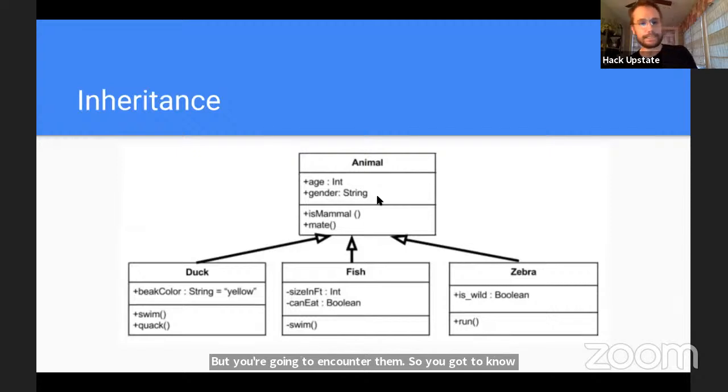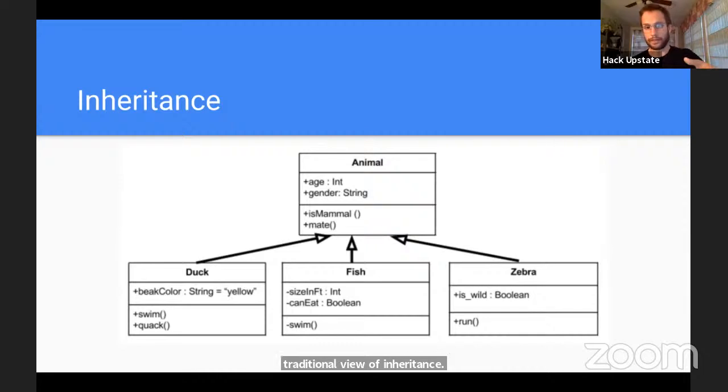Here's what inheritance is, the traditional view of inheritance. In C++ or C# or another language that has classes everywhere, class this, class that. This is a traditional thing people will do in a programming 101 course, where you make a conceptual model of different things that your program can work with.